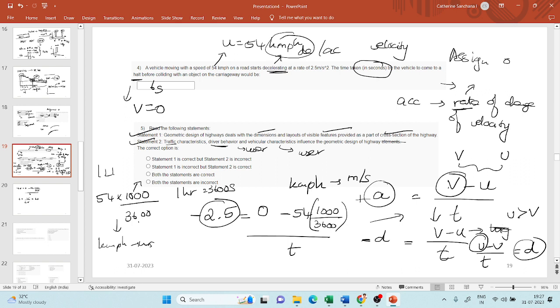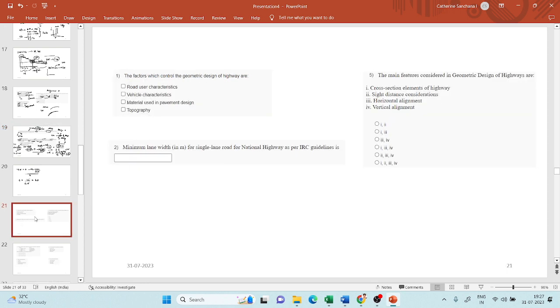So this is also correct. So the correct answer for this is both statement 1 and statement 2 are correct. Okay. Now moving on to the next question.